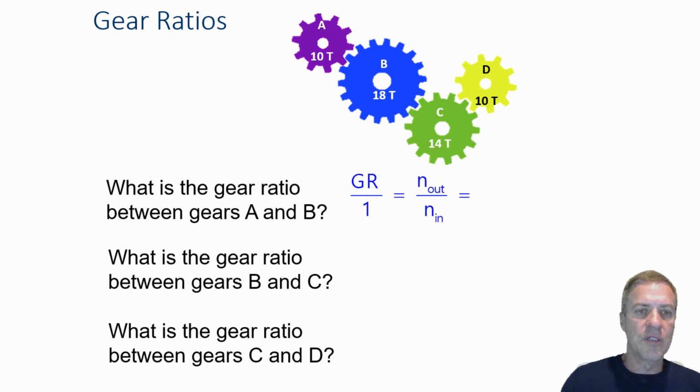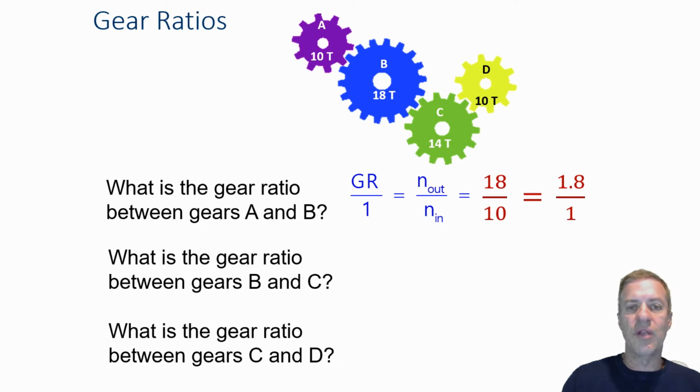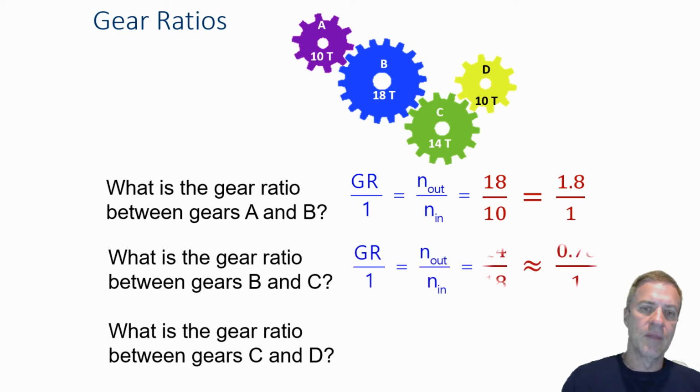Now if we look at this one, looking at our gear ratios, if we compare A to B, that would be 18 over 10, which is 1.8 to 1. If we look at gears B to C, we get 14 divided by 18, which is actually 0.7 repeating.